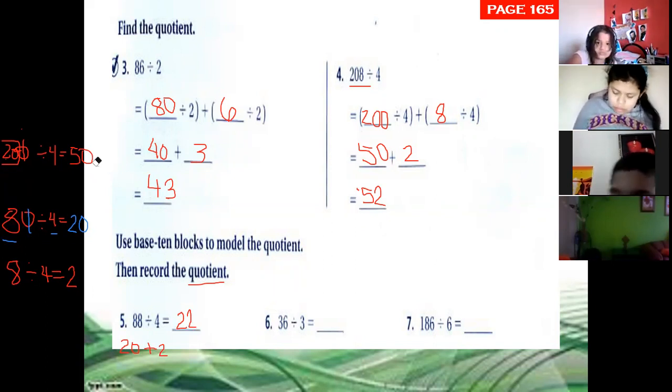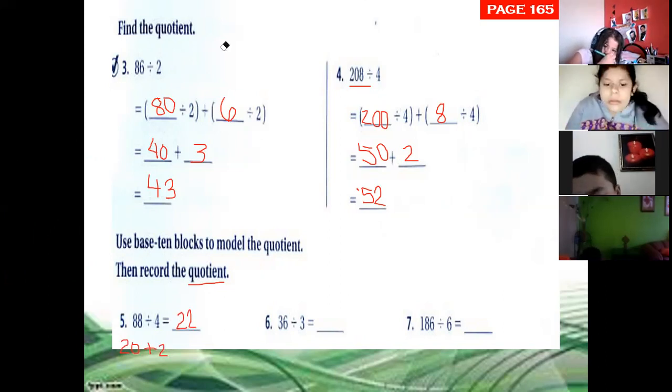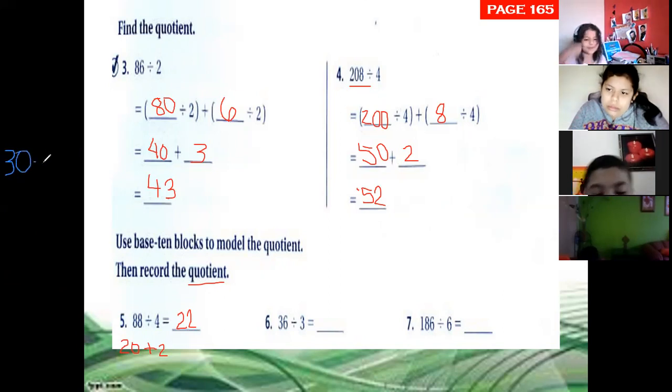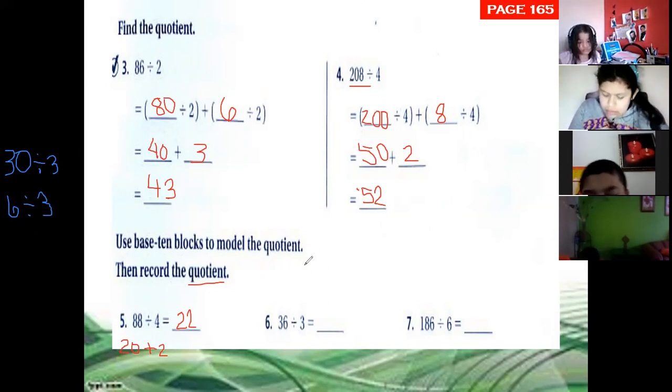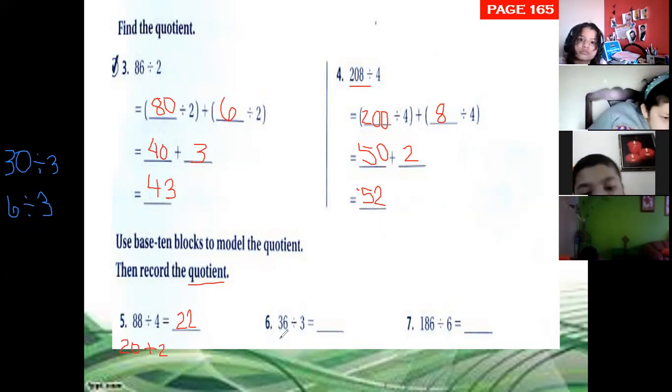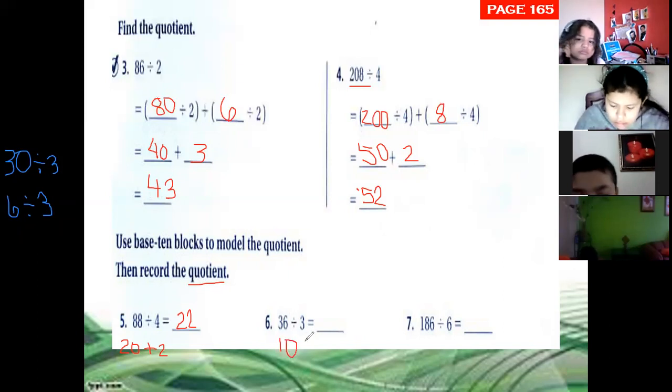Next one, 36 divided by 3. Again, basic fact. We're going to divide 30. 30 divided by 3 equals 10, right? 3 times 10, 30.